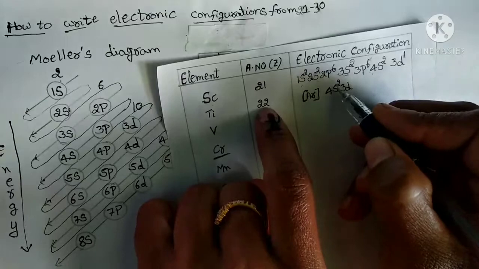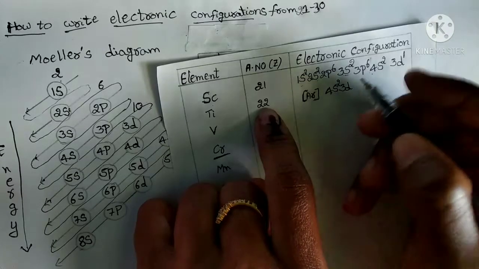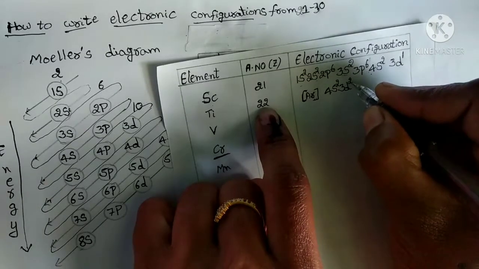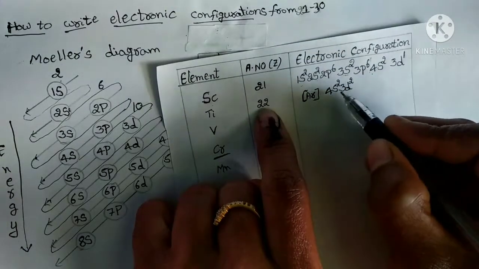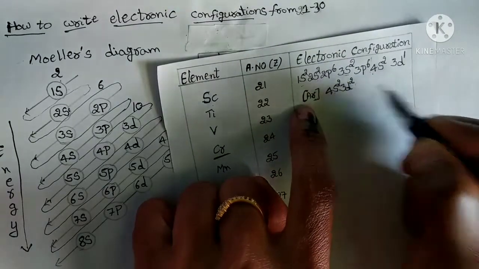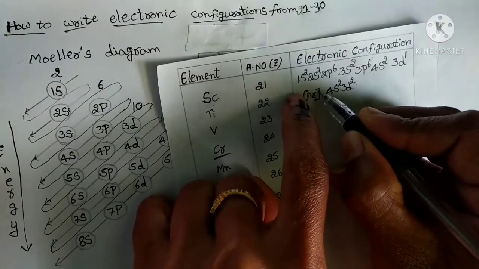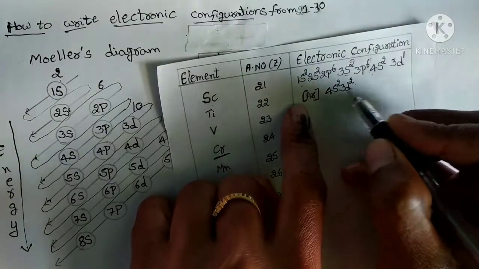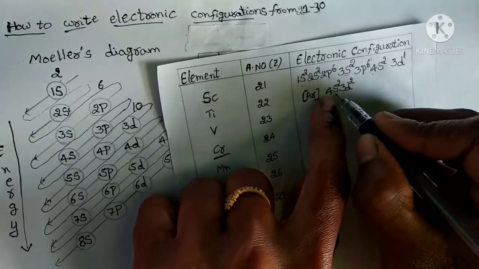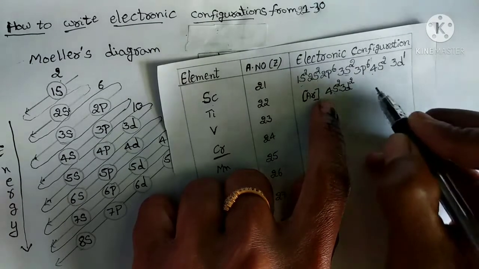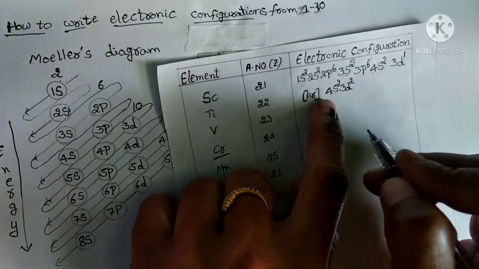So out of 22, 20 are filled. So how many are left? 2 electrons. So the 2 electrons will enter into 3d. So here 4s2, 3d2. This is the electronic configuration of titanium. And before this, you have to represent argon in square brackets. Then only it will be correct. If you represent only 4s2, 3d2, that electronic configuration will be wrong.